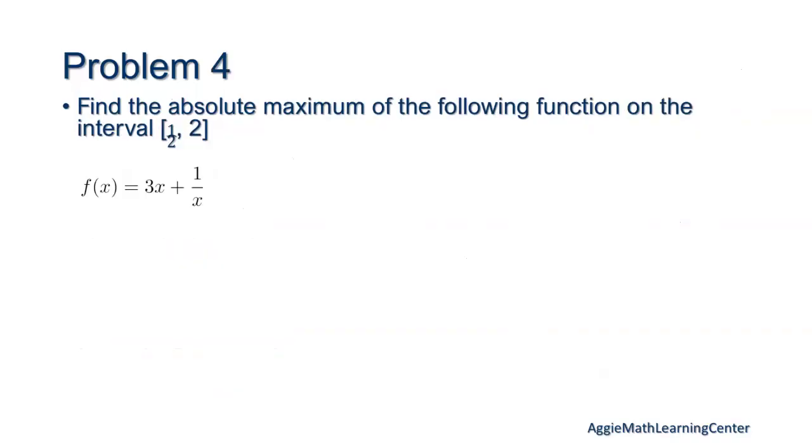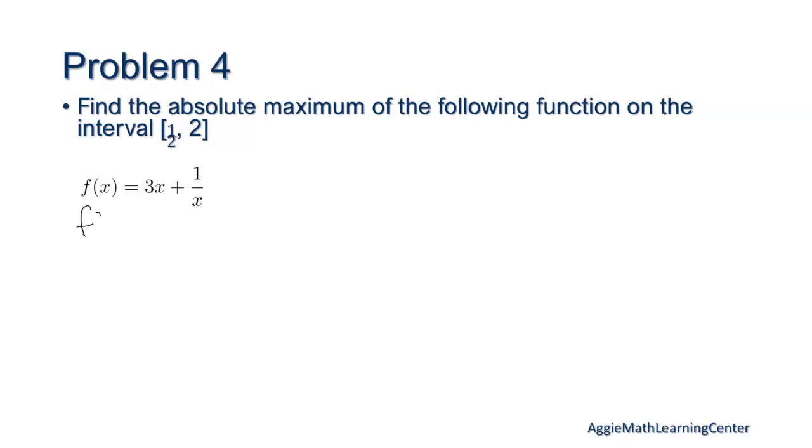Okay, so problem 4 says find the absolute maximum of the following function on the interval 1/2 to 2. It's 1/2 there. Okay. What should I do first? Find critical points? How do I find critical points? Take the derivative. Yeah, we're gonna need the derivative.